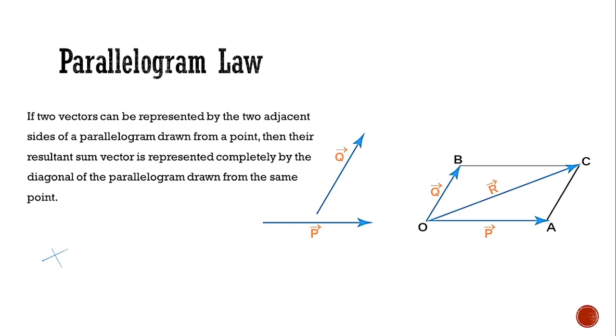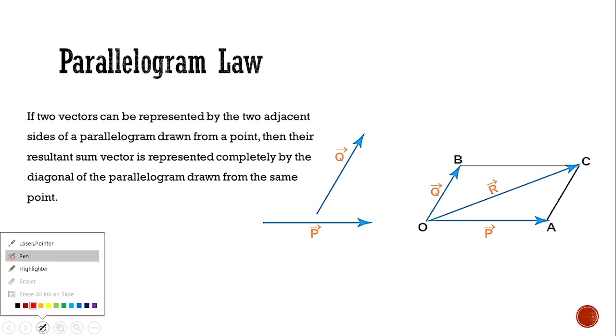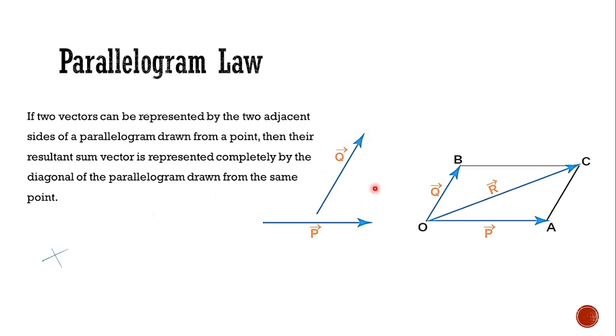Now let's come to the parallelogram law. As you can see, we are using this vector and this vector. If we move this vector here, we get two vectors P and Q. They are part of a parallelogram.